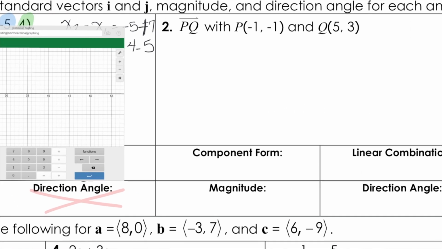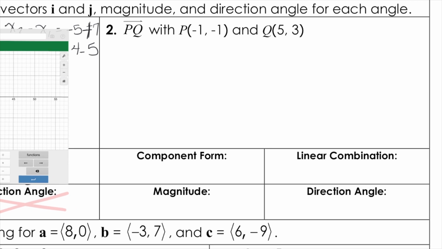I have an initial point where my x value is -1 and my y value is also -1. And this point is going to travel to 5, 3, and we need to be able to write that movement, that component form, that linear combination, and then we're going to calculate the strength of that move or the magnitude.